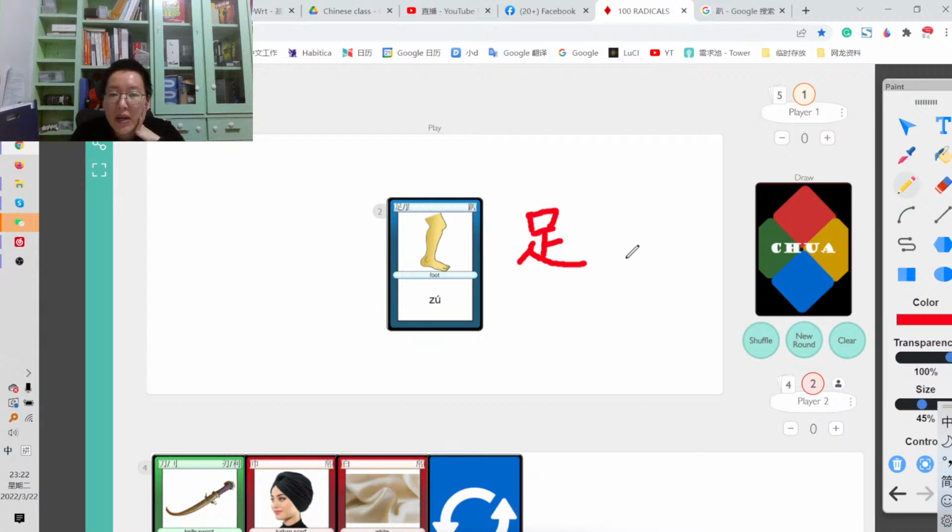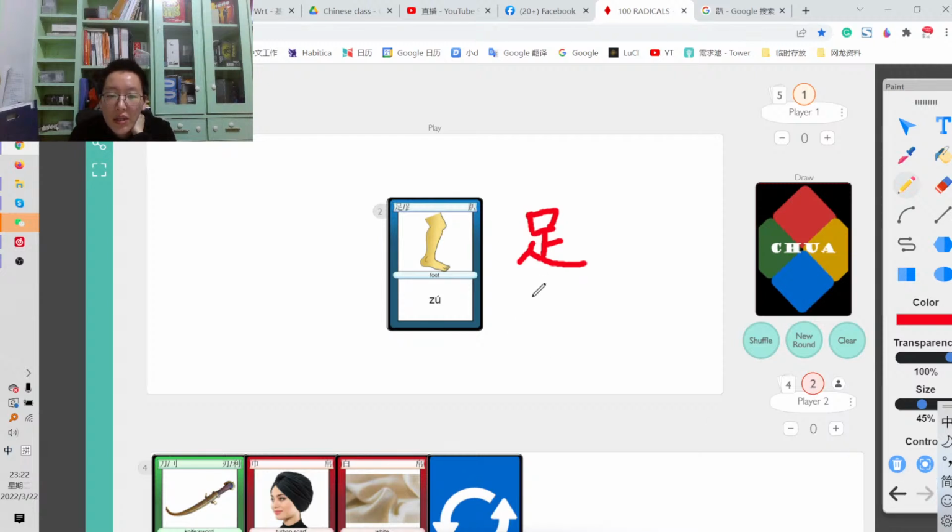Some radicals can be independent characters, and sometimes they share the same meaning with the radical; sometimes they change the meaning. We will see. So this 足 is like 足球, football. Also, sometimes this part can be put at the bottom of another character. We will see that in the future.